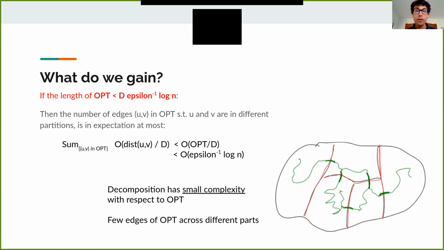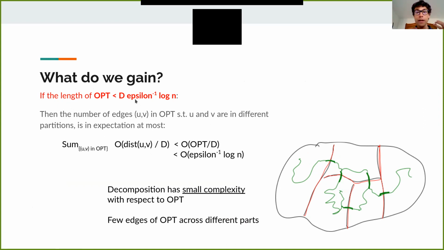Good. So what do we gain out of step one? We gain something if the length of the solution is at most the diameter times log n over epsilon. This is where it becomes problem specific. Why?